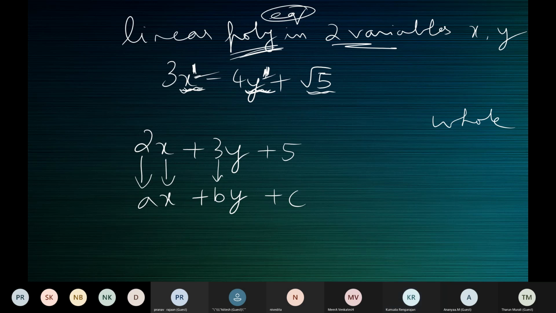We'll come to that. So now what you have understood is when it is ax plus b, this is the standard form of a linear polynomial in one variable x.